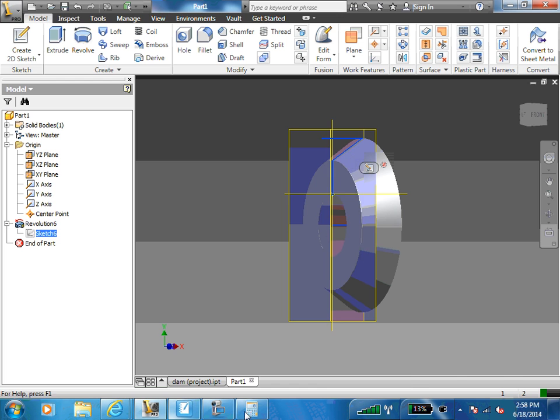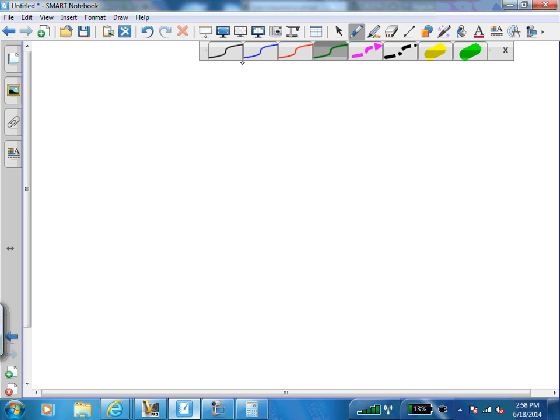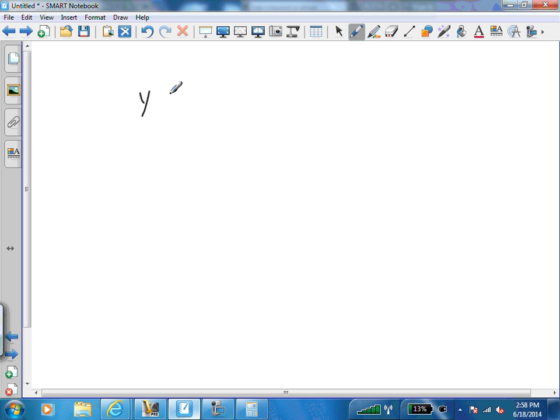y equals x squared is your basic parabola. y equals the square root of x. If we put a 0 in for x, we get a 0. If we put a 1 in for x, we get a 1. If we put a 4 in for x, we get a 2. If we were to put a 9 in for x, we would get 3.